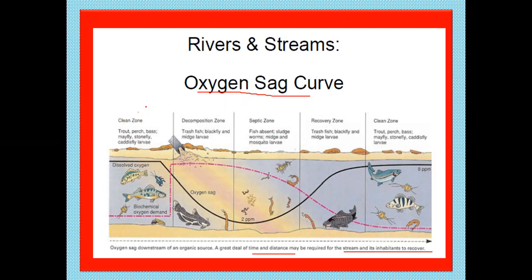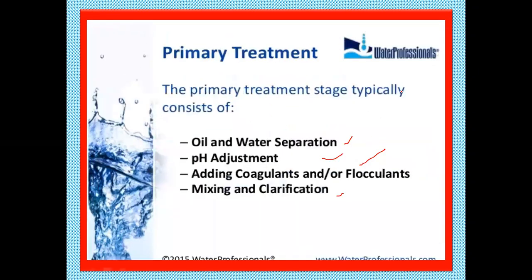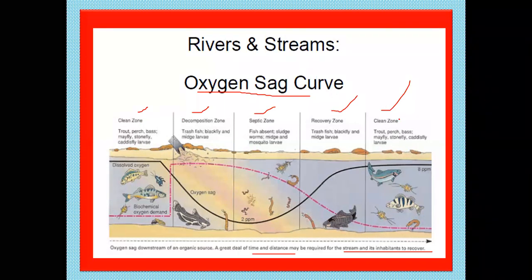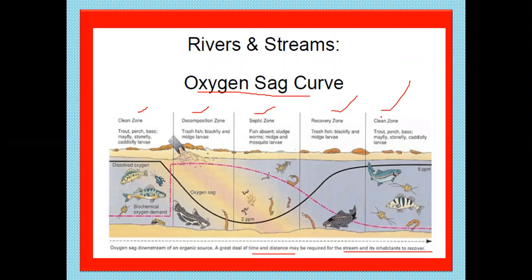One is the clear zone, otherwise a decomposition zone, otherwise a septic zone, otherwise a recovery zone, otherwise a clear zone. And it again repeats in a cyclic order: after clear zone, decomposition zone, septic zone, recovery zone, again clear zone.